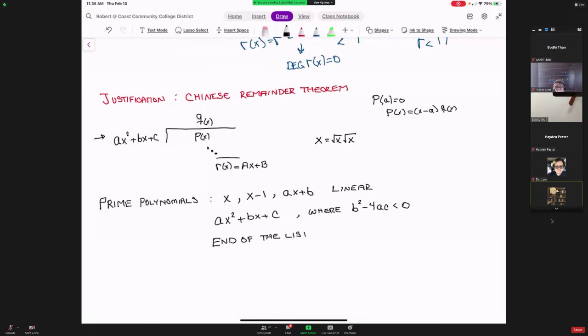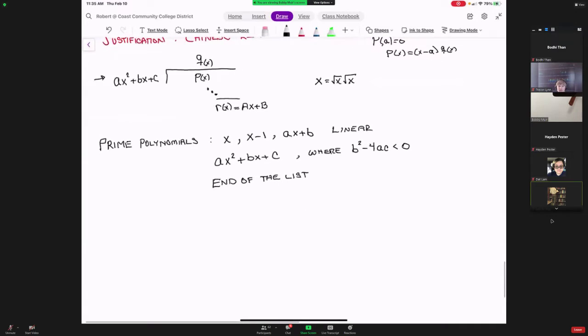Now, there are plenty of polynomials that are relatively prime to each other. But as far as just being prime, for example, most of you would probably think that this guy is prime because it doesn't have any real roots, right?